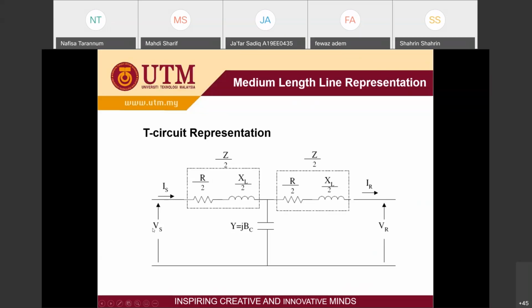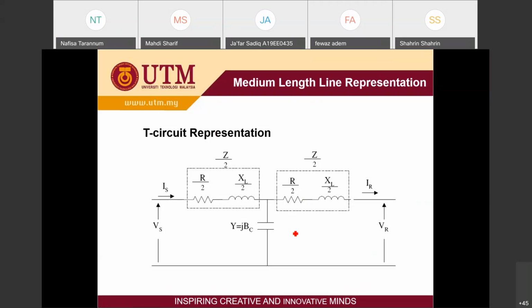So you have a sending voltage and sending current, receiving voltage and receiving current. But right now, as you can see, we have several components here, meaning that IS is no longer equal to IR, because we have this capacitance here, which is Y. Y is the admittance, jBC.